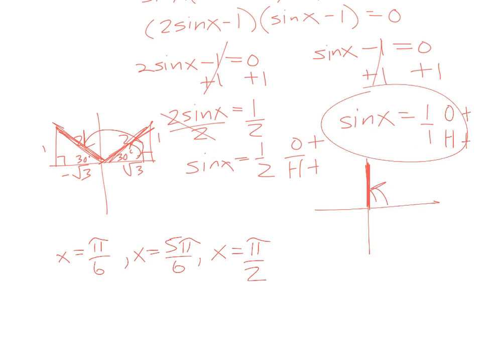Just to refresh your memory, the adjacent here is 0, the opposite here is 1, and the hypotenuse here is 1. Now, why do I not add 2 pi n in this problem?